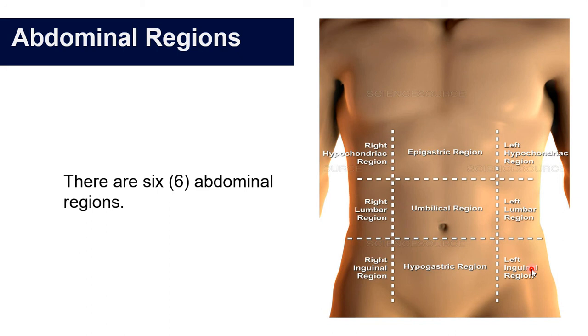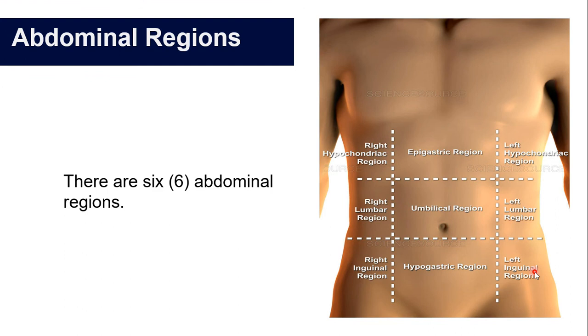These areas are really important, especially when we want to palpate the patient's abdomen to assess if there are problems in their internal organs, because sometimes diseases that affect our internal organs, for example, our stomach, our spleen, our gallbladder, and our liver, may present as referred pain.